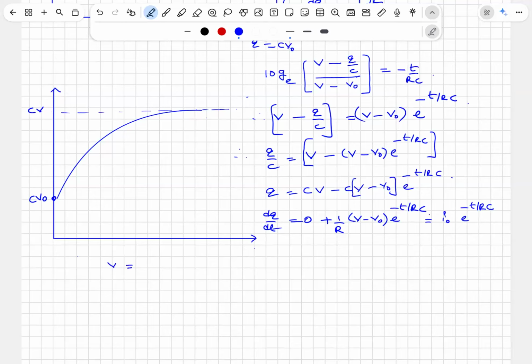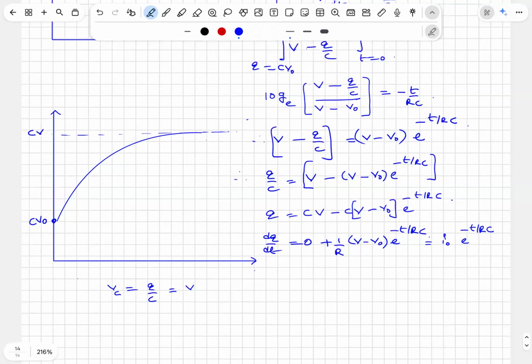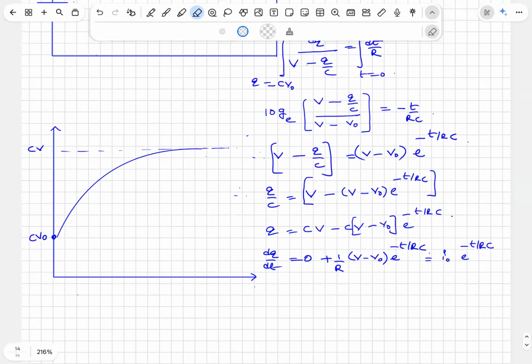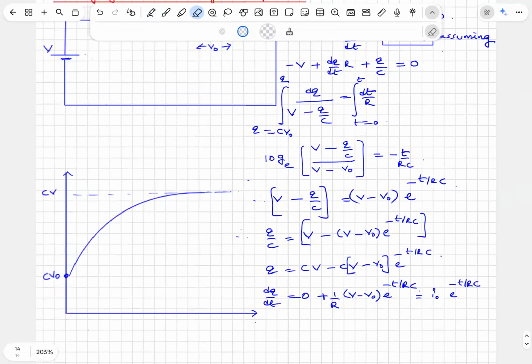The potential drop across the capacitor is nothing but Q by C. I naught is V minus V naught by R, just after closing the switch, that is maximum. Now please go through, and if you have any doubt, please ask me.